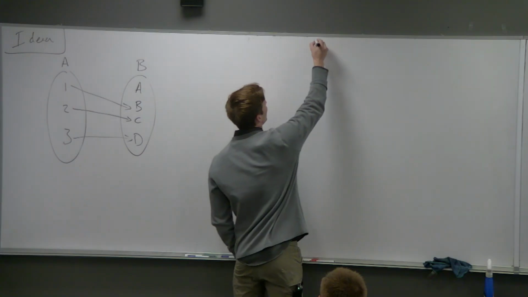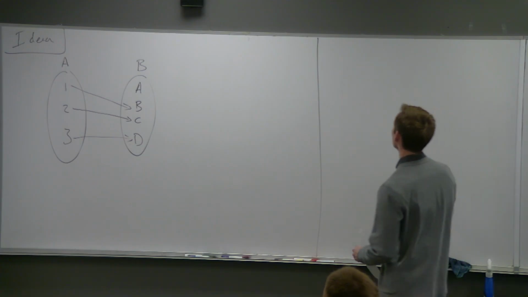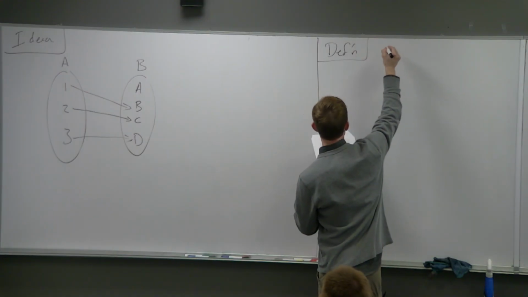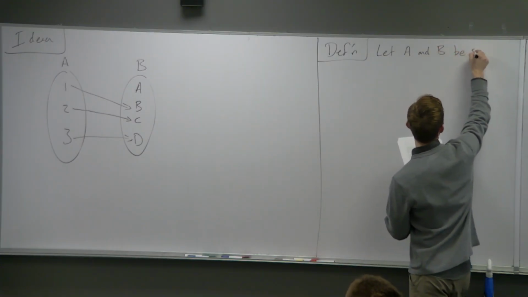So I will quickly write that over here. And I will write it in exactly the same way it appears in your note packet. Definition. Let A and B be sets.